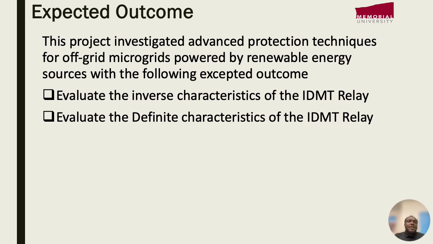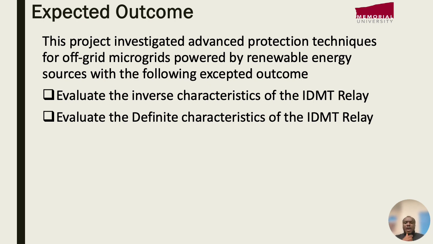The relay should be able to sense fault currents and properly operate when it is supposed to operate, so that we do not have relays operating even when we have false current, just short changes in the current form.